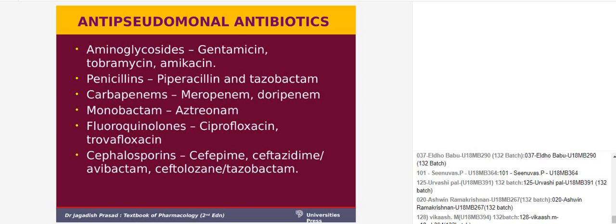The adverse effects of cephalosporins are mainly hypersensitivity, similar to penicillins. So you have to do a skin test before administering the cephalosporin. It has gastrointestinal disturbances, mainly diarrhea, vomiting, and anorexia, and pain at the site of IM injection. And intravenous use causes thrombophlebitis on prolonged use. Nephrotoxicity is also seen.